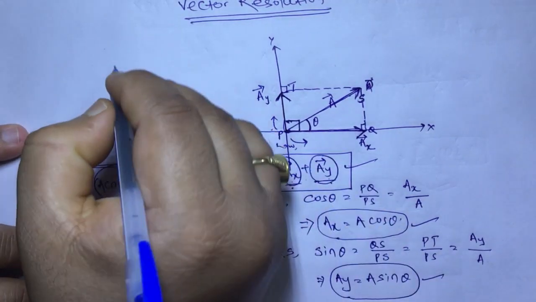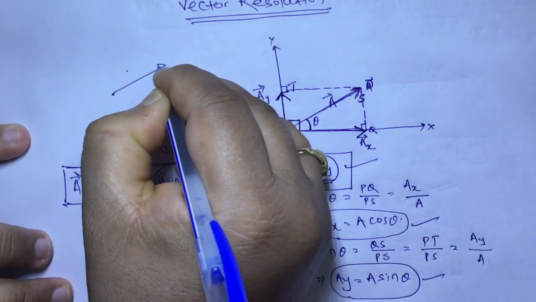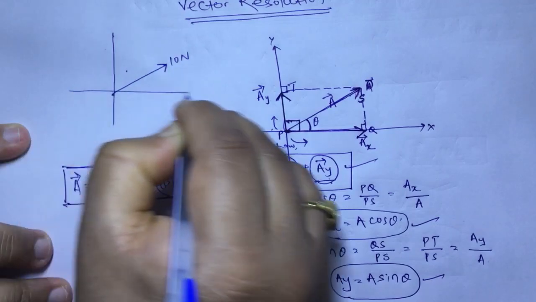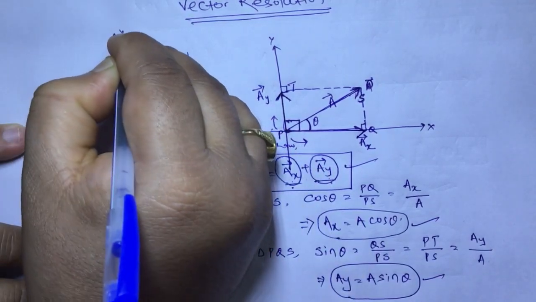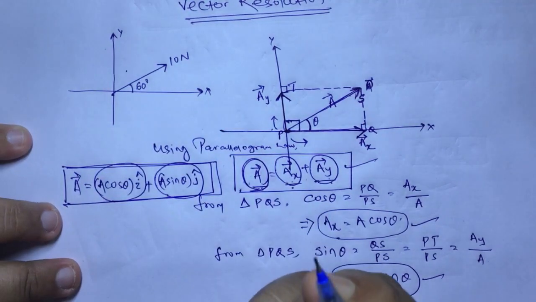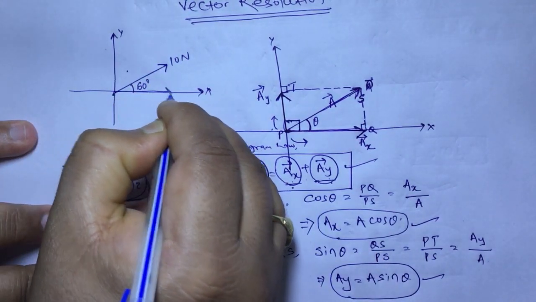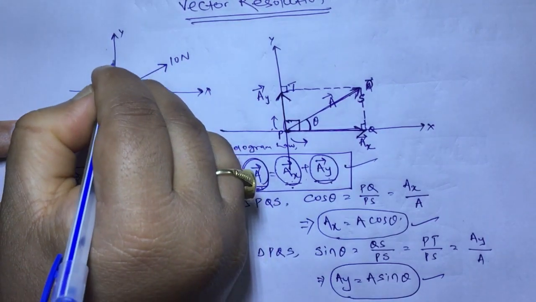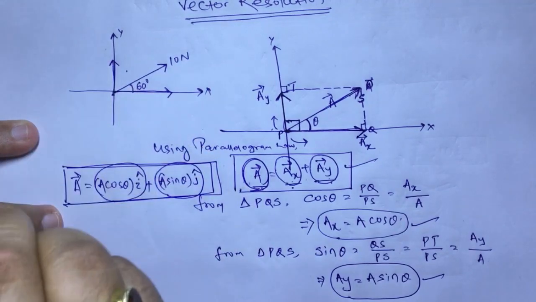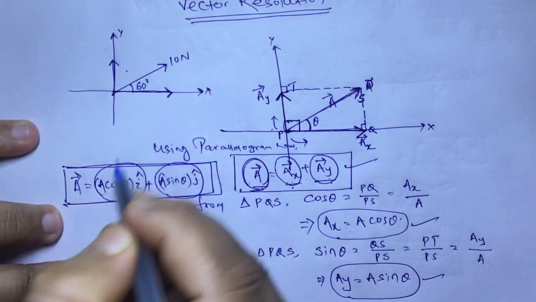Let a force vector be given. Let there be a force of 10 Newton. It is the x axis, it is the y axis, and this angle is given as, let's say, 60 degrees. So I can resolve this vector into two vectors, one along this and one along this. How much magnitude will this vector have?